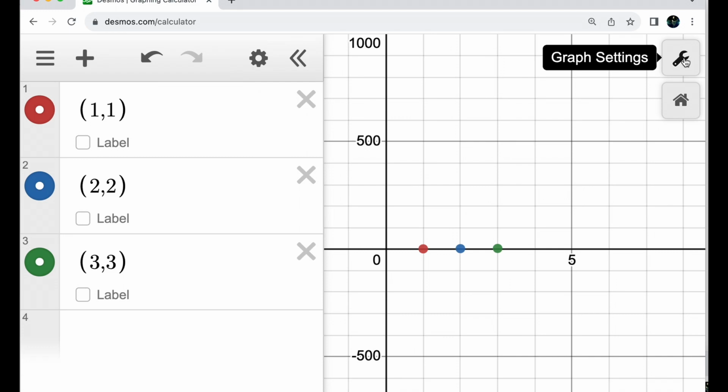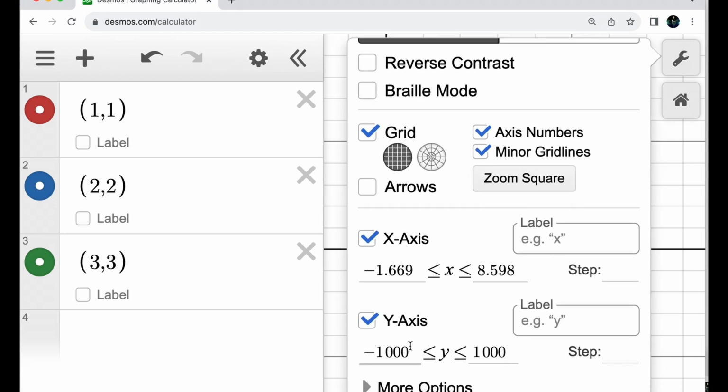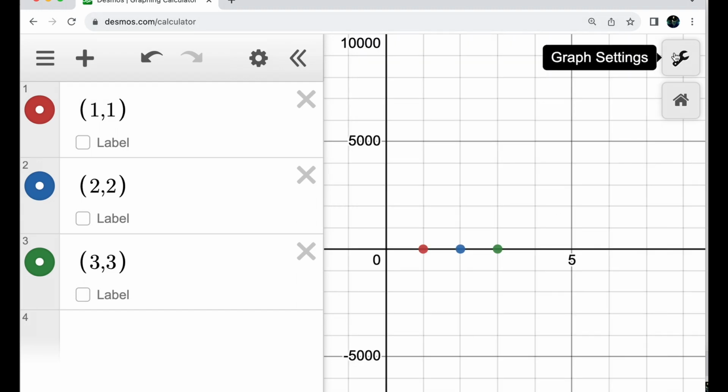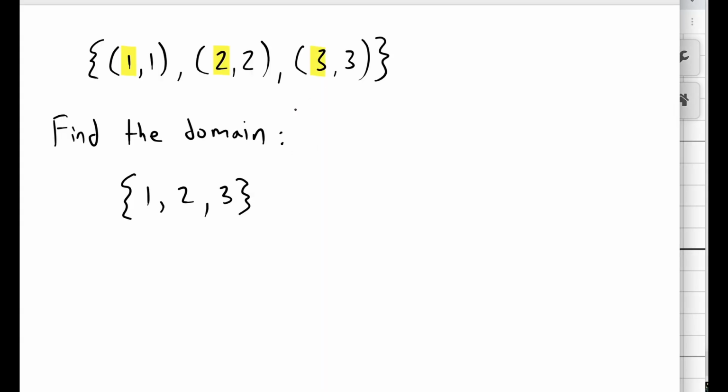The domain is the x values of those points in question. It's the 1, the 2, and the 3. Now for some functions you might have to go really far with this, like -10,000 to 10,000. And now it's clear that those points are basically right on the axis, visually at least. And so then you put them into a little set, and that's your domain.